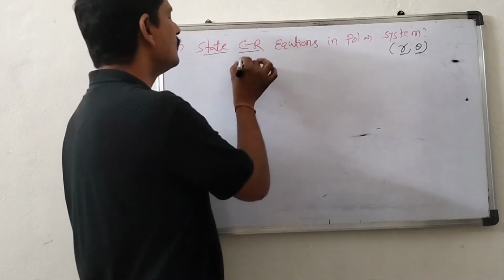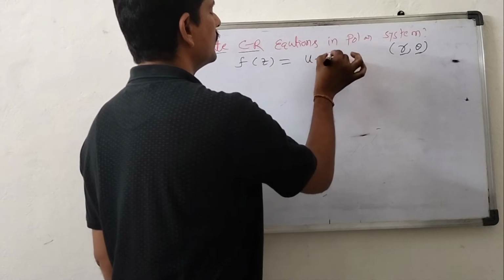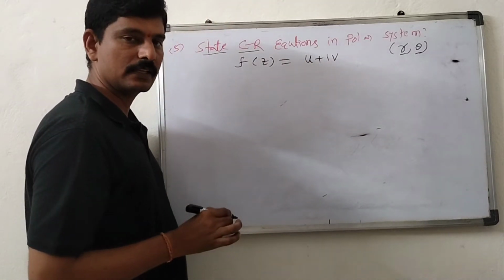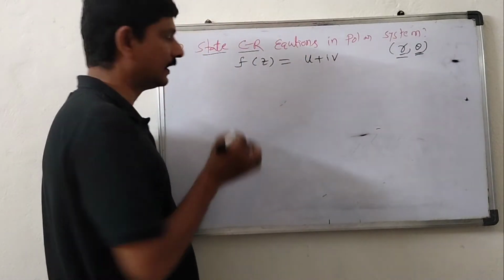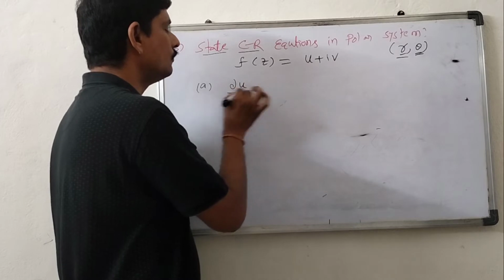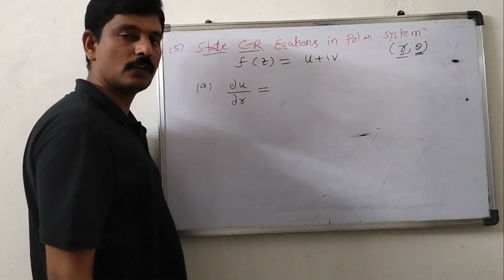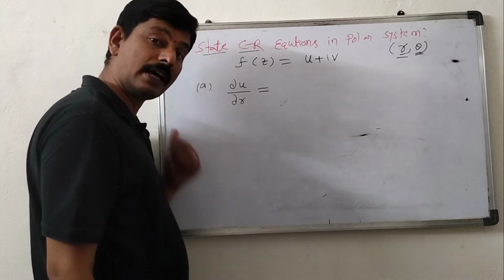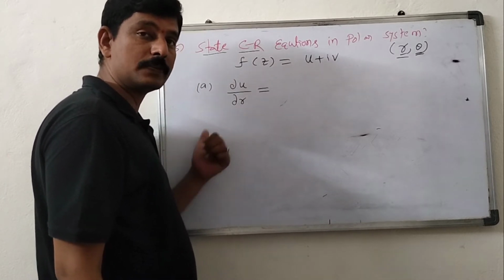So here also our function is f of z is equal to u plus iv, but we have to state it in terms of r comma theta. So here the first condition is the partial derivative of u with respect to r, now with respect to r, not x, because polar coordinates means r comma theta.